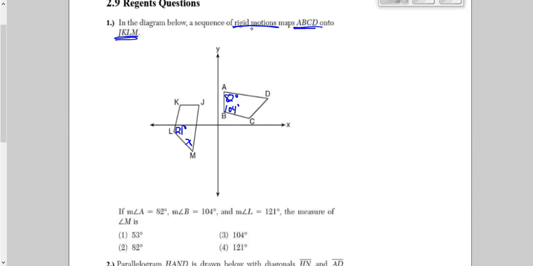Corresponding angles will be congruent, right? And all quadrilateral angles add up to 360. So just add them on to this. Quad angles add to 360, right? Okay.